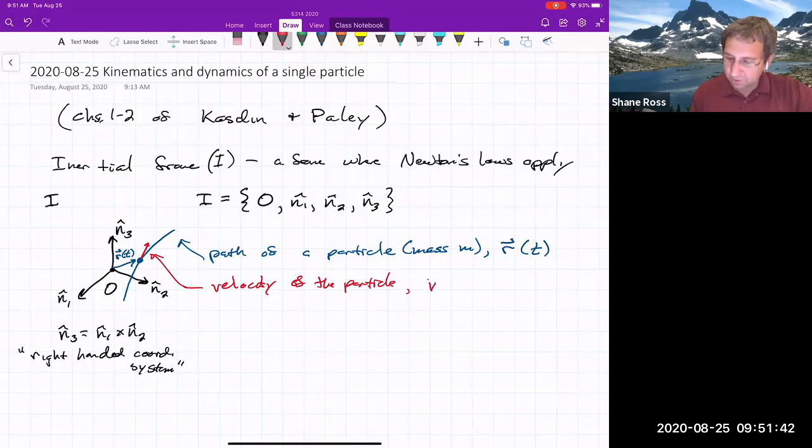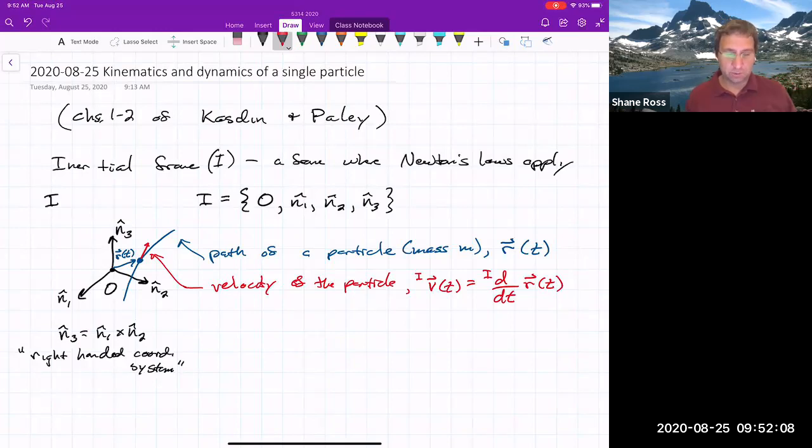And the notation used by the book is to say it's the velocity with respect to the inertial frame. And so there's that little superscript at the beginning. And this is equal to the time derivative with respect to the inertial frame. So we get that superscript, time derivative of r. Right, and what's that?